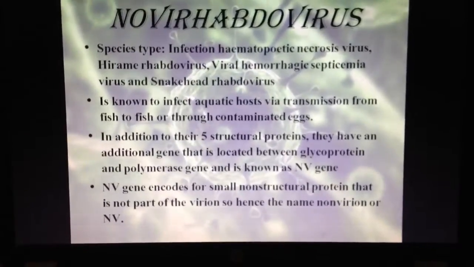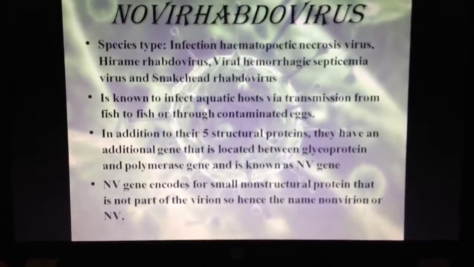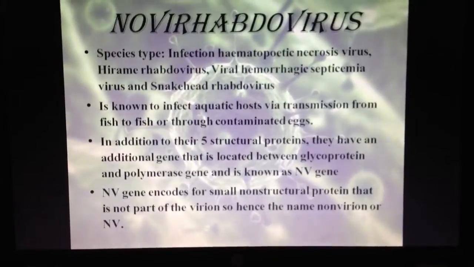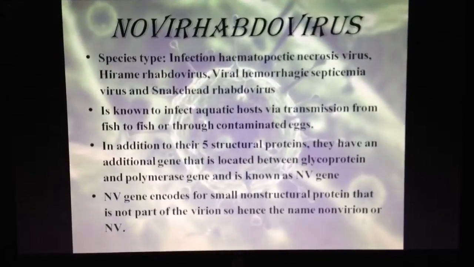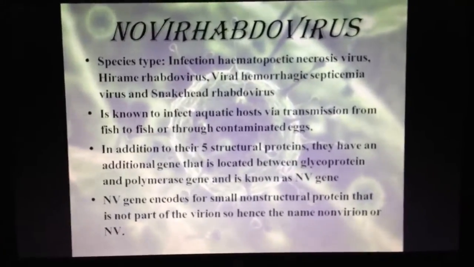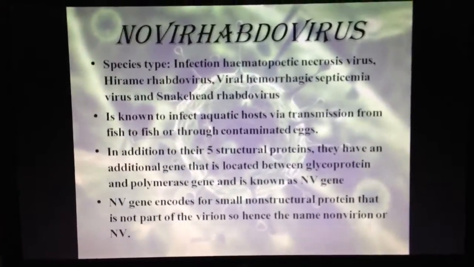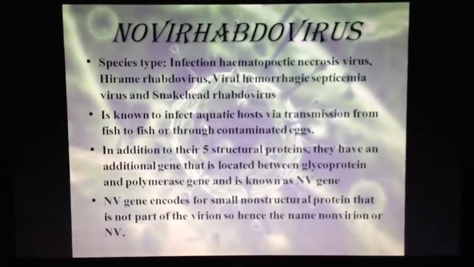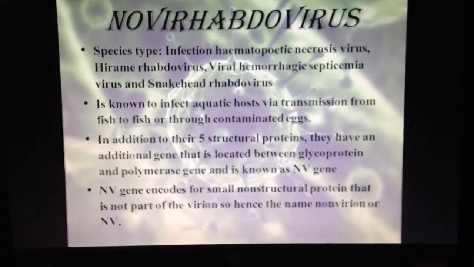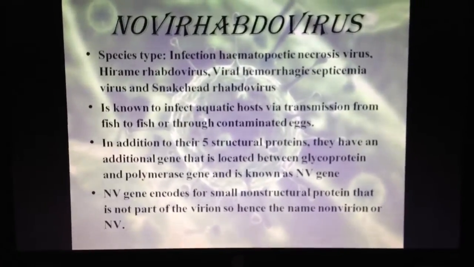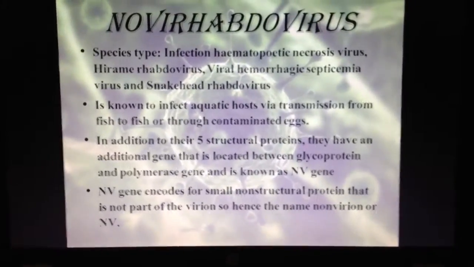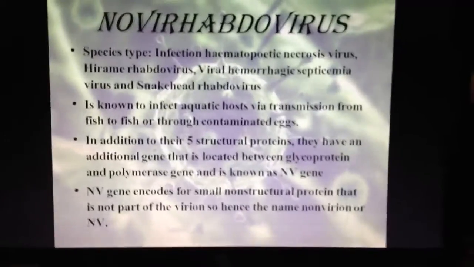In addition to their 5 structural proteins, they have an additional gene that is located between the glycoprotein and polymerase genes, which is known as the NV gene. It codes for a small non-structural protein that is not part of the virion, hence the name non-virion, or NV.